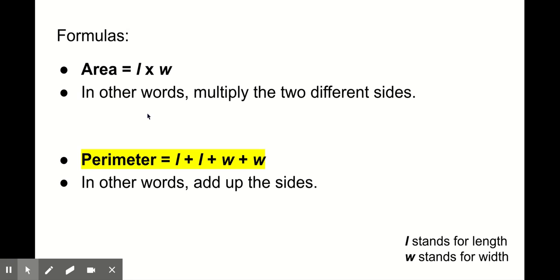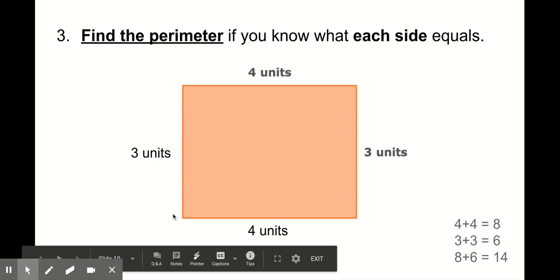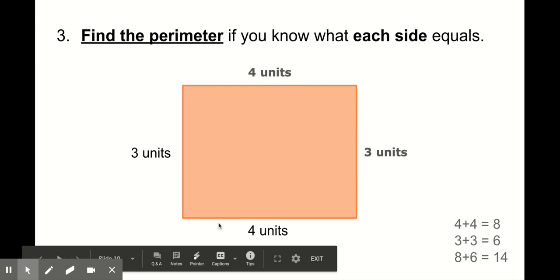So in order to do that, you need to make sure you label all 4 sides when you draw your rectangle. So I went ahead and labeled my peach rectangle. Opposite of the 4 units is another side that's 4 units, and opposite of the 3 units is another side that's 3 units. So now I have all 4 sides labeled, and it's easier for me to add them up.